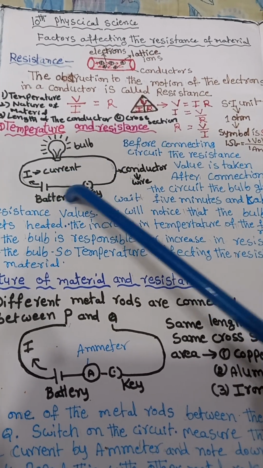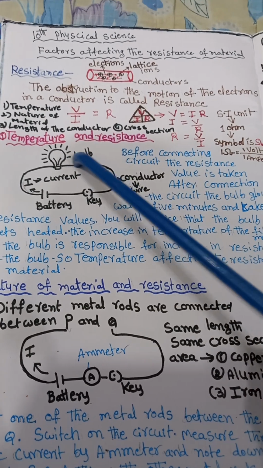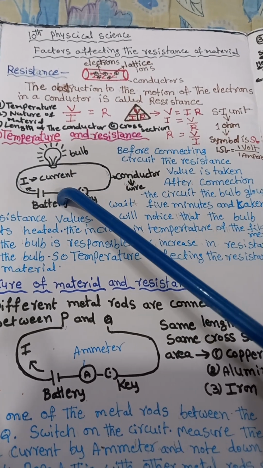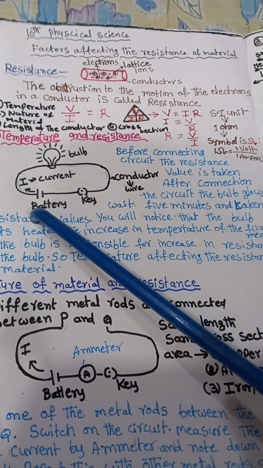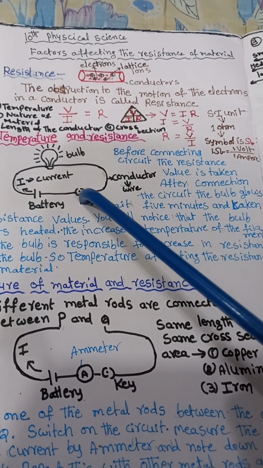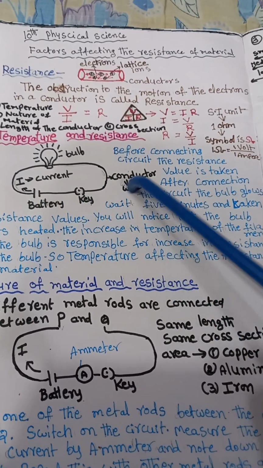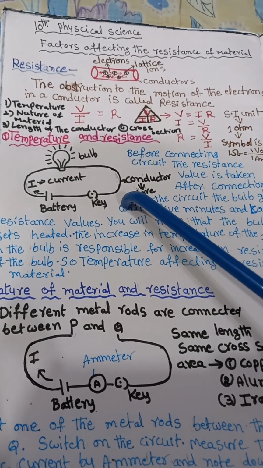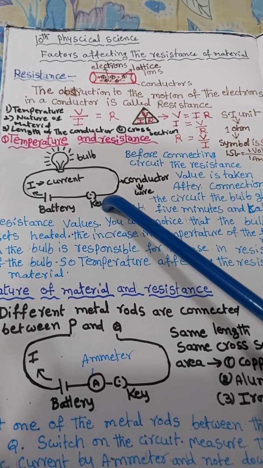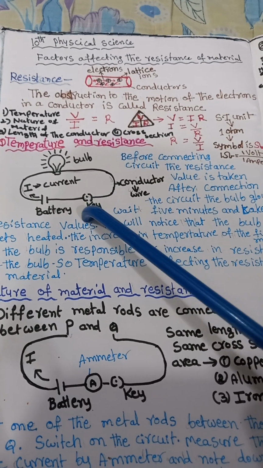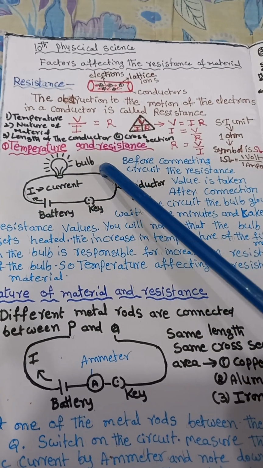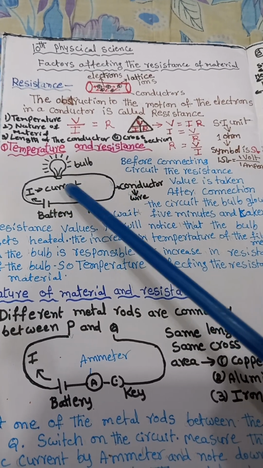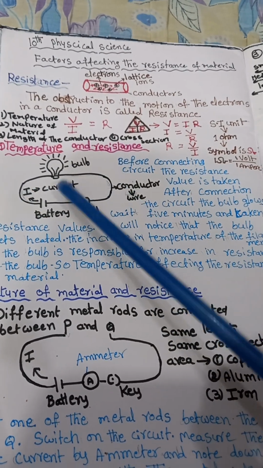In this activity an electric circuit is there. In this circuit a bulb is connected to a battery with a conductor. Conductor means wire. When we switch on this key, the current flows from the battery to the bulb through this conductor.